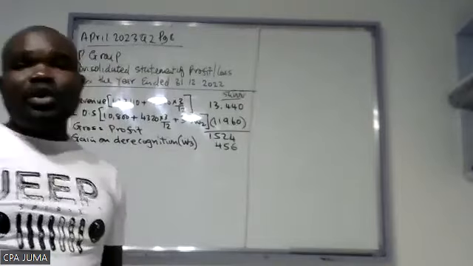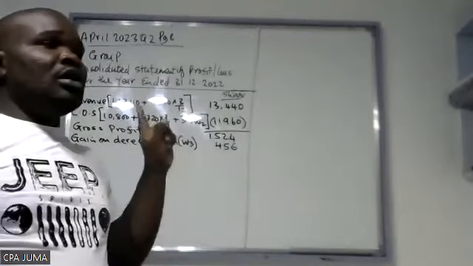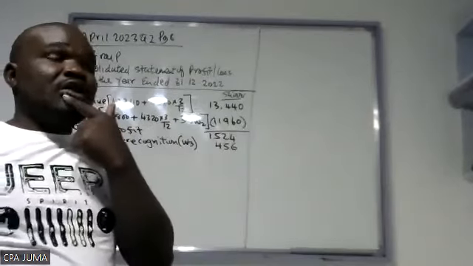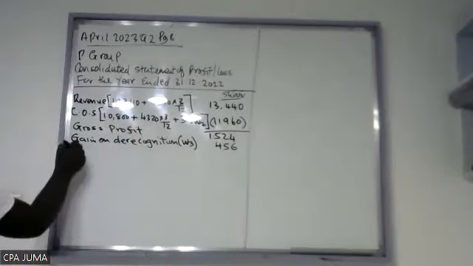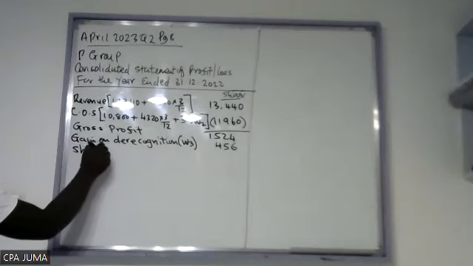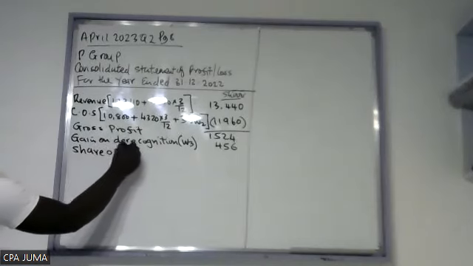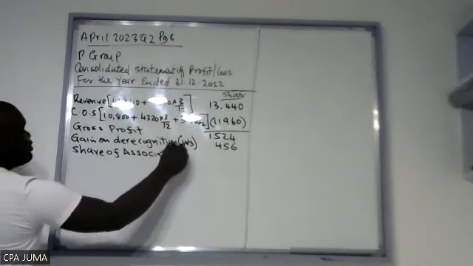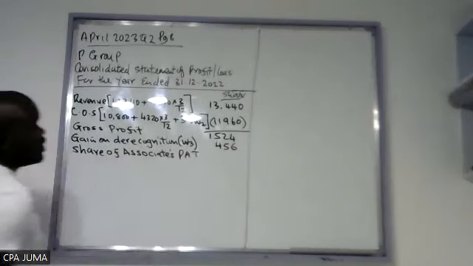Then associates. S was an associate for 9 months. So you come here and say share of associates' profits after tax.